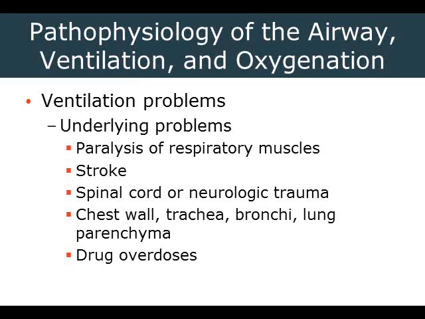So it's kind of a double whammy. It depends on where the stroke occurs. A stroke can paralyze muscles on one side of the body, and it can paralyze them on both sides too. With a spinal cord or neurologic trauma, like I mentioned, if you cut your spinal cord in half, that's kind of a big deal. There's no fixing that yet.